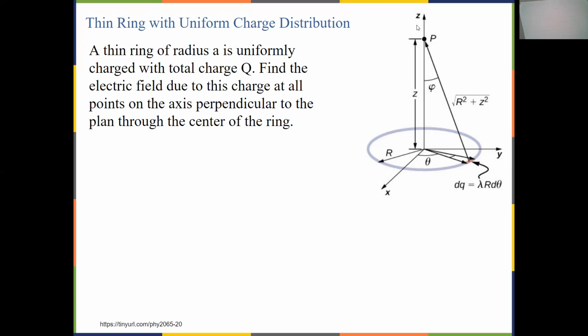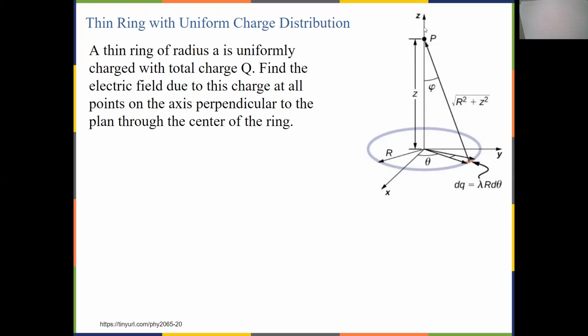If this is phi, this will be phi the other way around. So the components perpendicular to the z component cancel out due to symmetry.